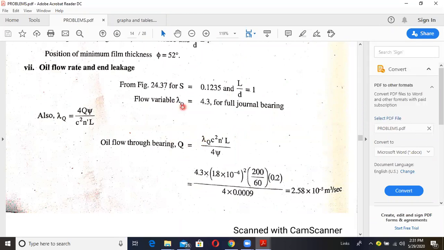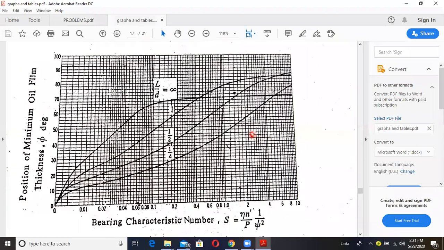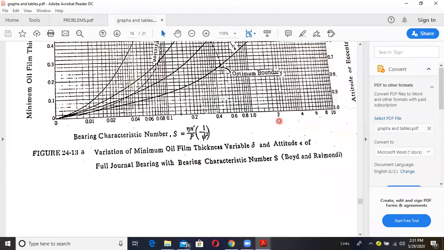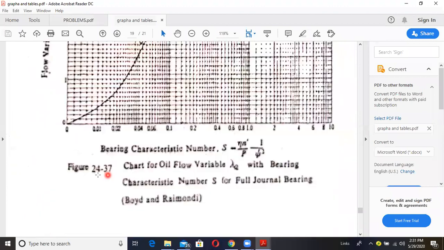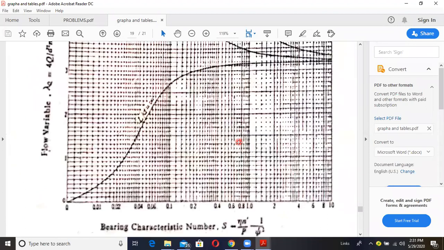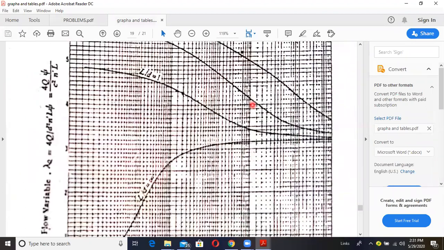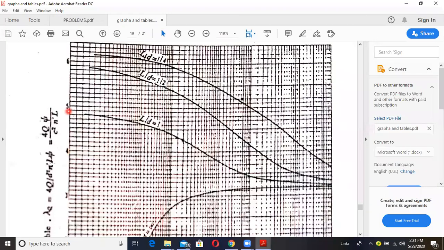Lambda Q can be calculated using figure number 24.37. In figure 24.37, the x-axis is S, there are a number of curves for L by D, and on the y-axis we have lambda Q.